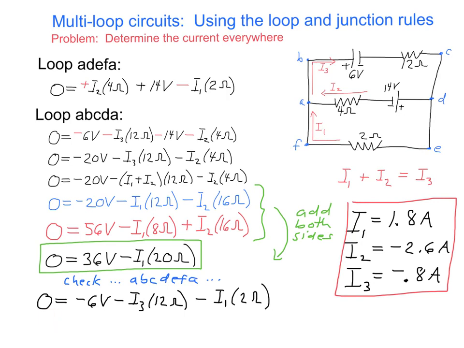And if you plug in for I3, which is negative 0.8 amps, making this actually overall a positive number, and for I1, the 1.8 amps, making this still negative, you will get 0 equals 0. And you should check that.